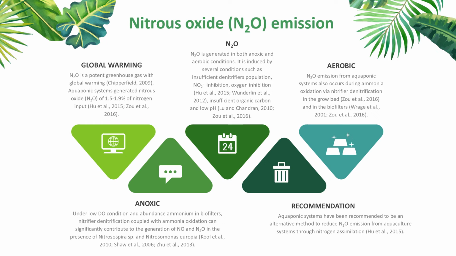And the recommendation to stop or to lessen this nitrous oxide is that aquaponic systems have been recommended as an alternative method to reduce N2O from the aquaculture system through nitrogen assimilation, which is mentioned previously, how we balance our nitrogen actually, and it will be further elaborated on in the recommendation later on.